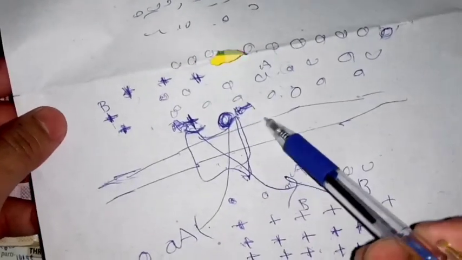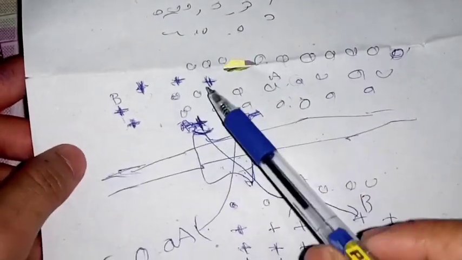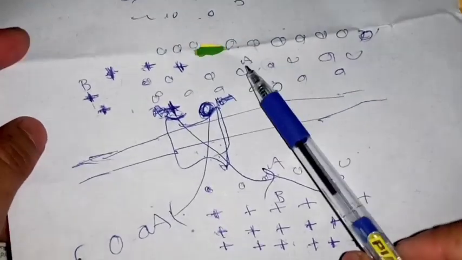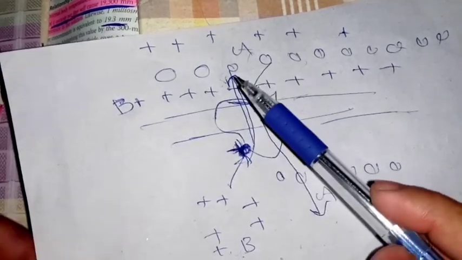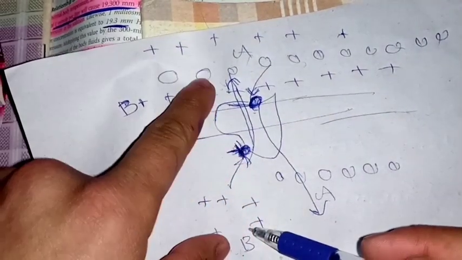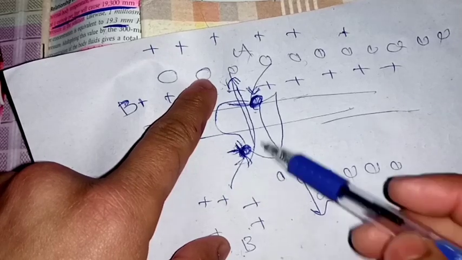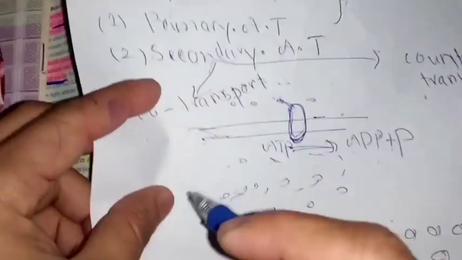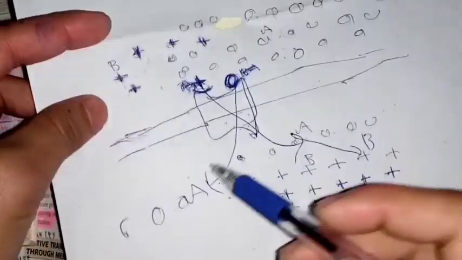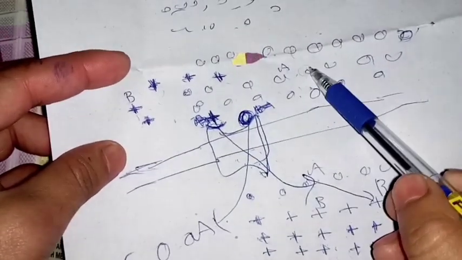In the example of co-transport, substance A was more and substance B was less. But in counter transport, both are more on the outside, and substance B is carried against its concentration gradient, but uses the energy of substance A.